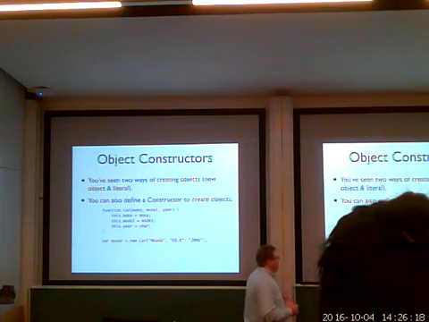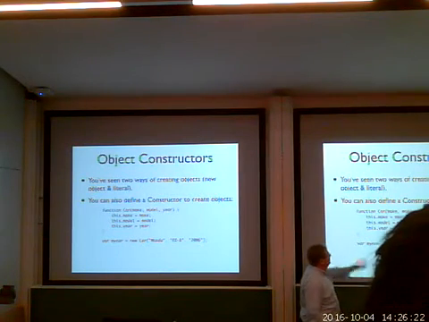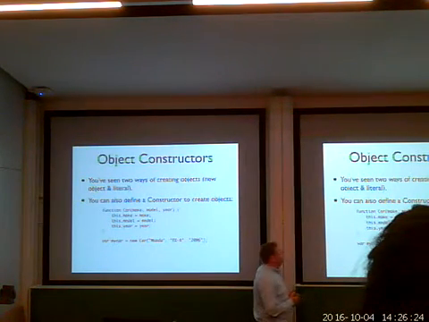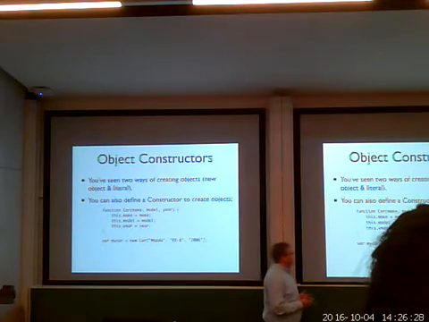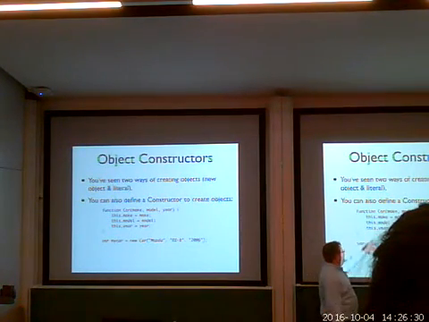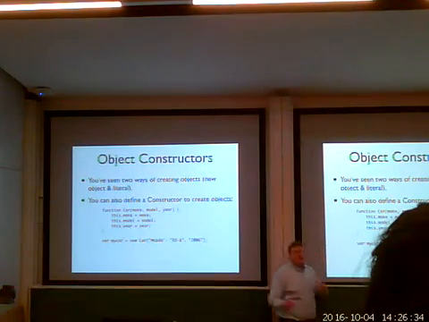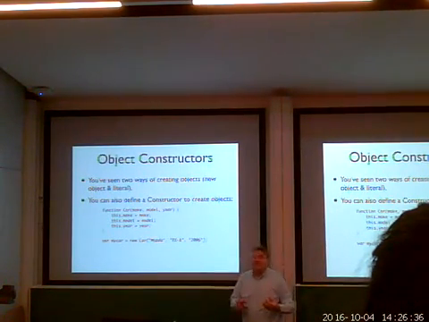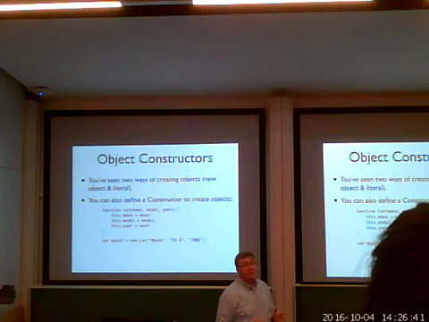Okay? If you look at what this does, it's a function called Car, capital C. It takes in parameters make, model, and year. Internally, in the body of this constructor, it says this.make equals make, this.model equals model, this.year equals year. What it's doing is setting properties of this function to those values.